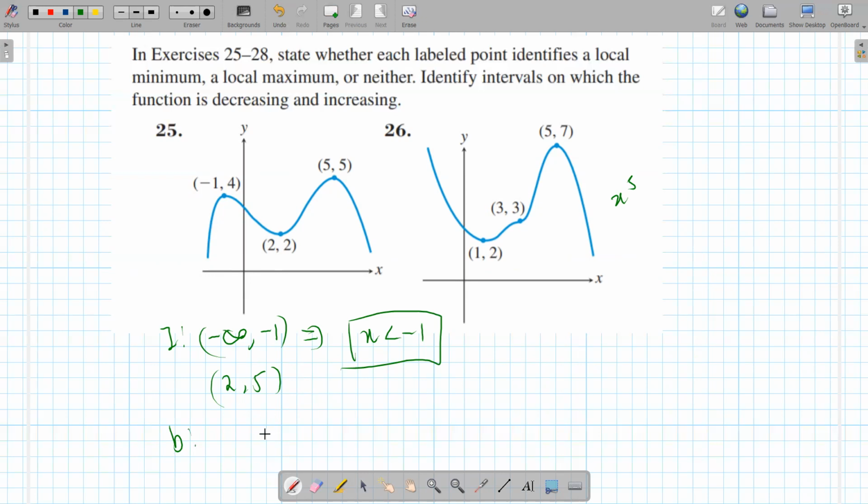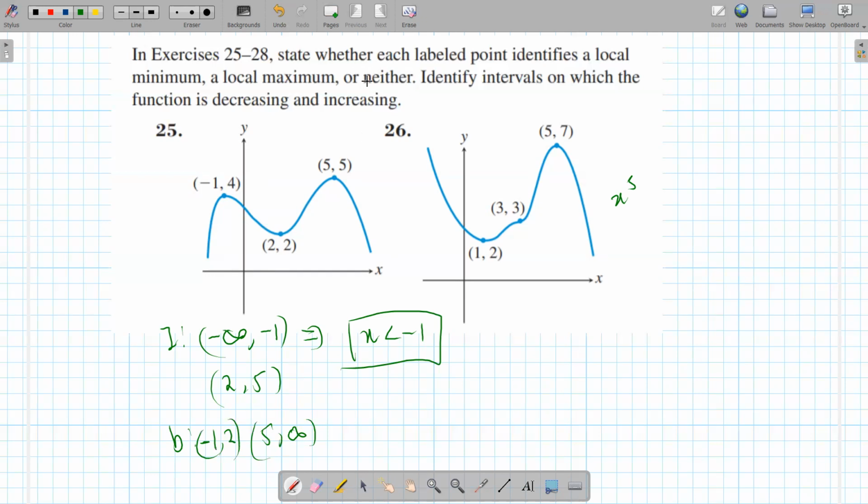Yeah, good, that's one of them. There's one more place where it's decreasing. Oh, also -1 to 2. Yeah, it's going down. There we go, that's the whole question.